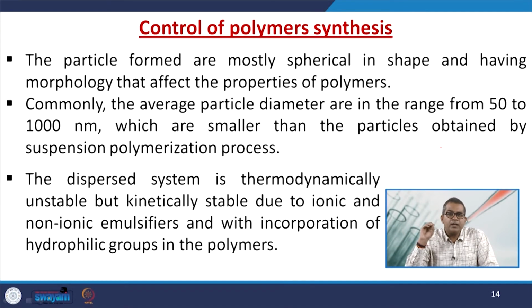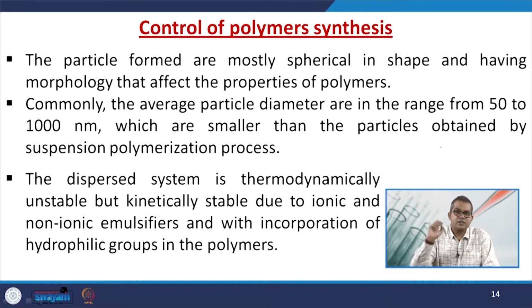Now commonly the average particle diameter is in the range from 50 to 1000 nanometer, which is smaller than the particle obtained by the suspension polymerization process. So you have a very good spectrum, or a very good choice, through which you can adopt. If you are looking for smaller particle size, go for this one.